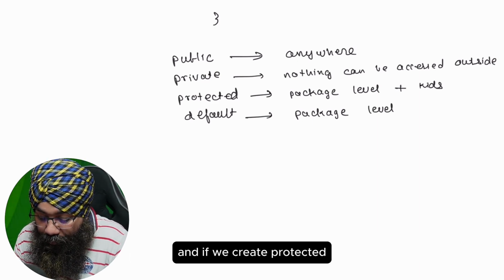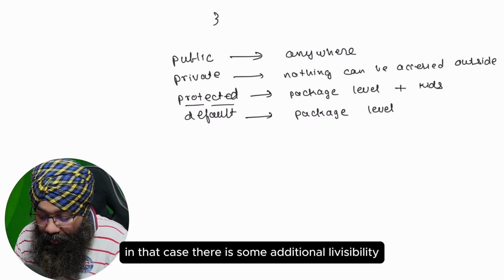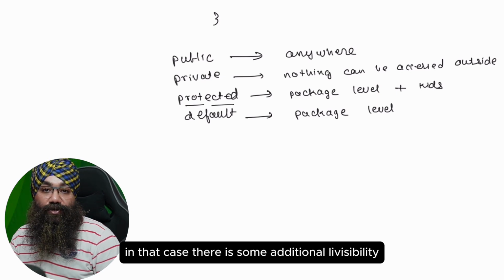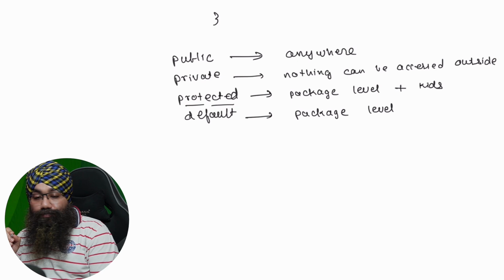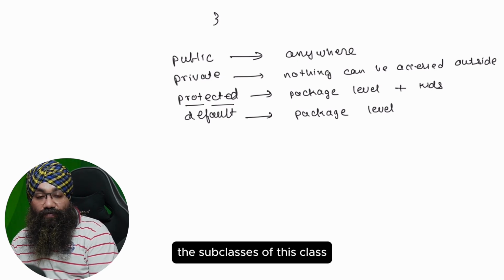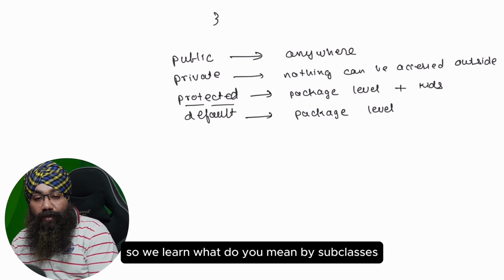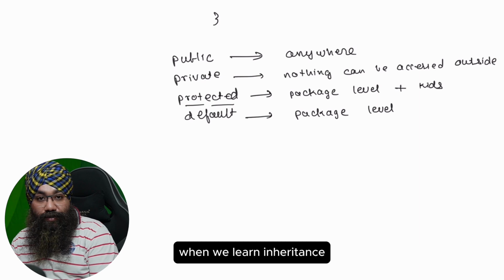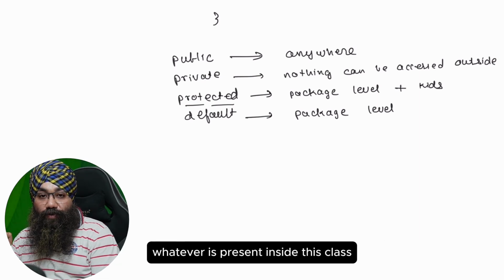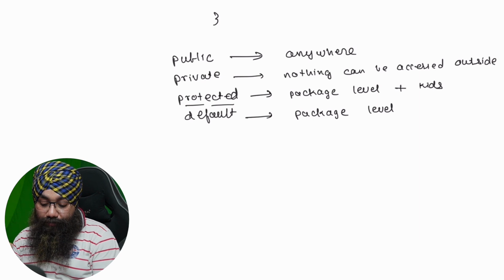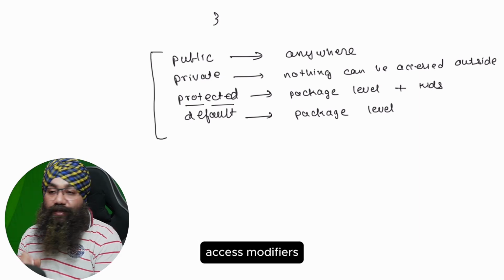And with protected, there is some additional visibility, which is package level plus the subclasses of this class. We'll learn what we mean by subclasses when we learn inheritance, but the subclasses can also access whatever is present inside this class. So this is access modifiers.